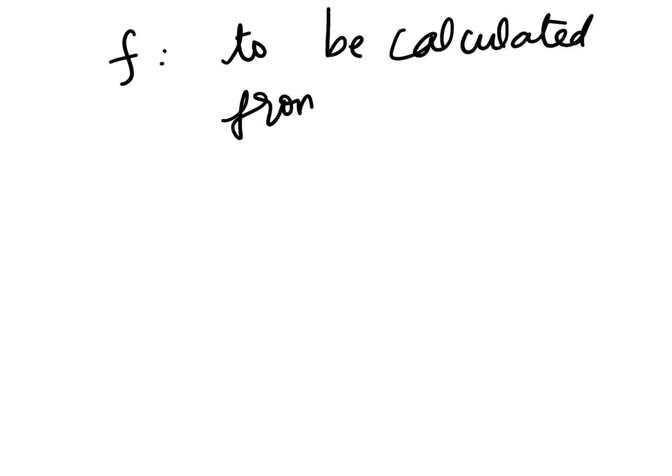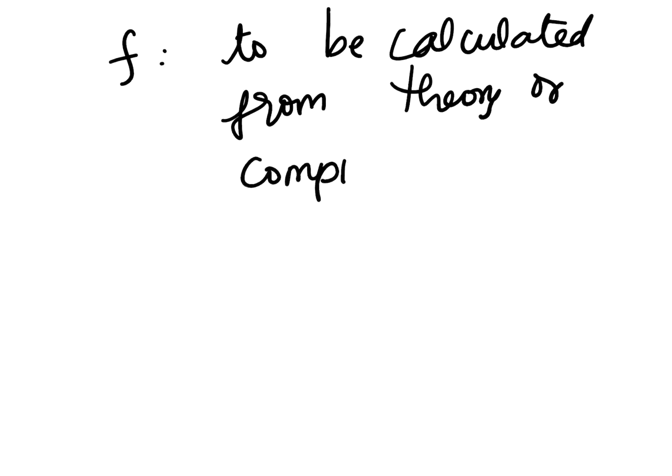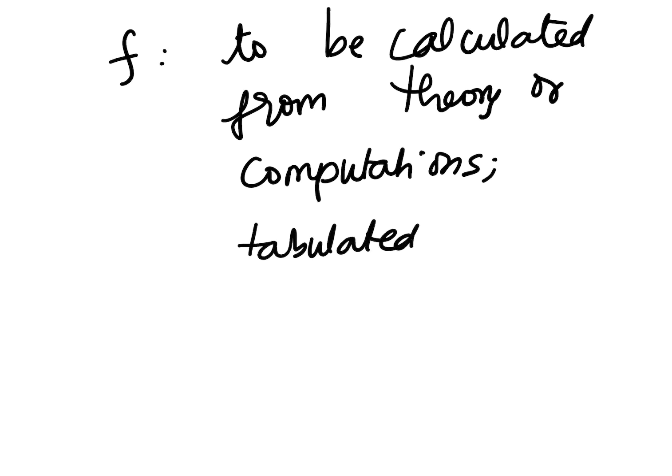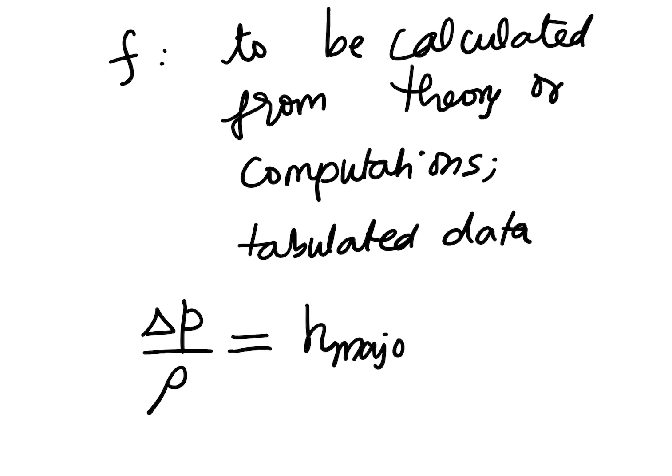F is to be calculated either from theory or computations, or somebody has to do experiments and needs to be tabulated data. By some means, F needs to be estimated, and the pressure head loss delta P by rho, which is the major head loss, is given by F times L over D times V squared over 2.